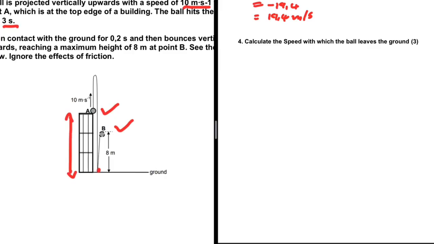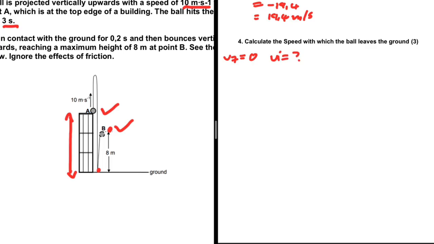And then after some time, 0.2 seconds to be specific, it is going to leave the ground and then go up until it reaches point B, its maximum height. So when it reaches its maximum height, we know that we're going to have a vf, which is equal to 0. The velocity at the maximum height is 0. We're interested in vi, the initial velocity, the velocity as it leaves the ground.